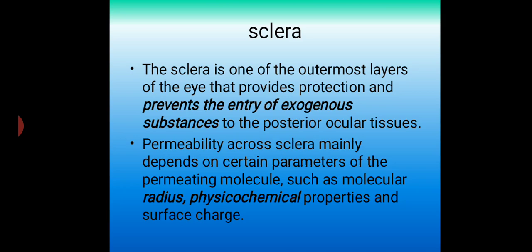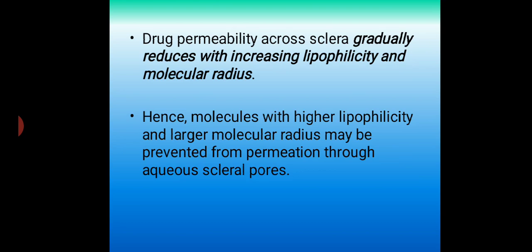Again, that depends upon the physical nature of the drug molecule as well as the molecular size. That means it depends on certain physicochemical characteristics. The drug permeability across this sclera reduces with an increase in lipophilicity and an increase in the molecular size.